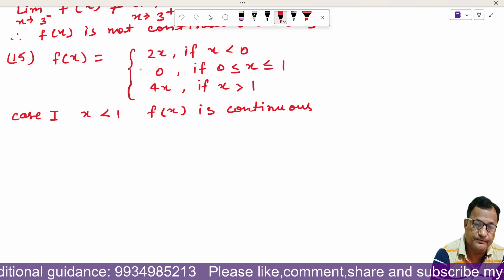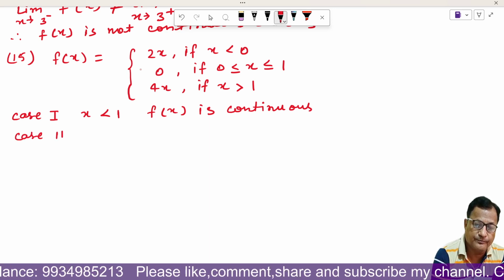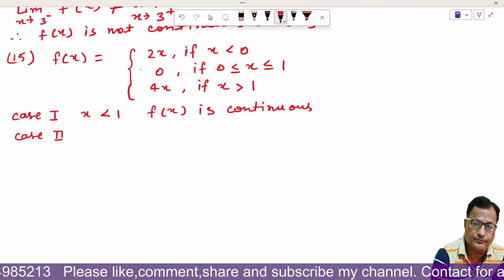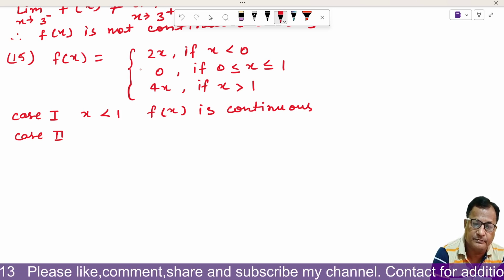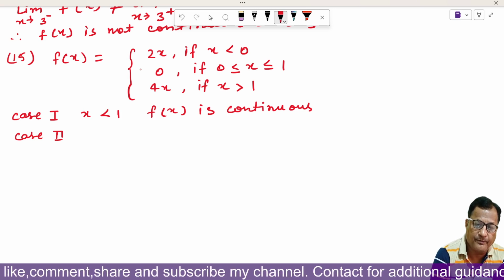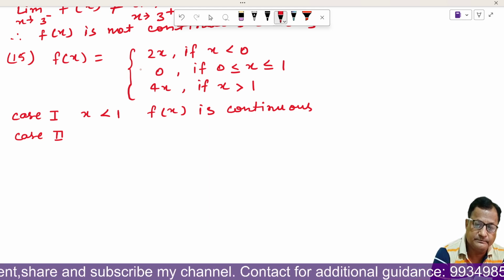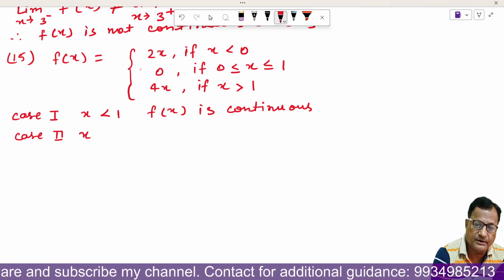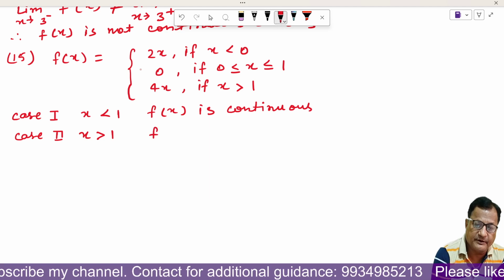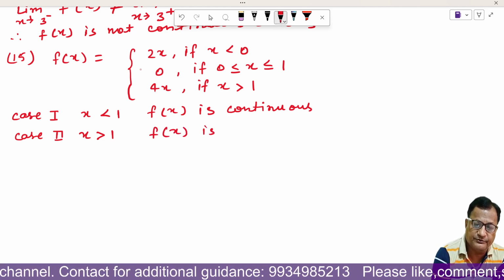Case 2, x greater than 1, f(x) is continuous.